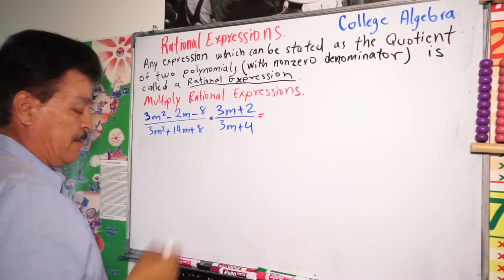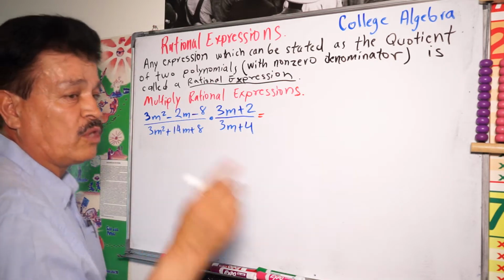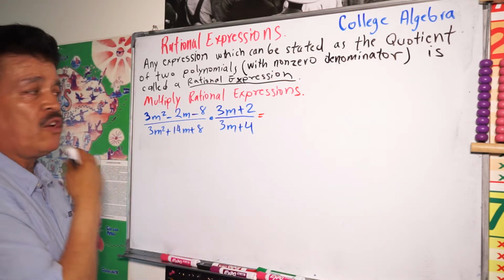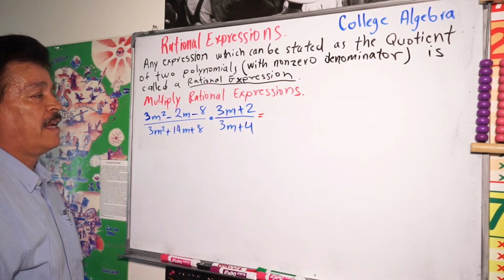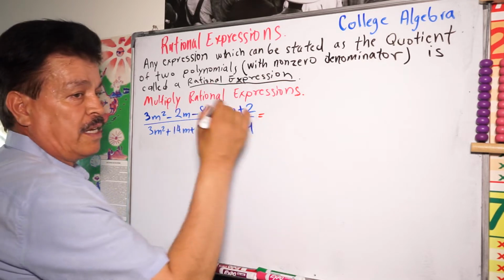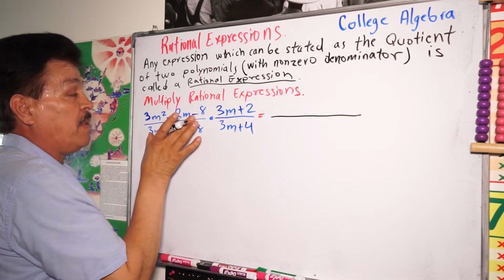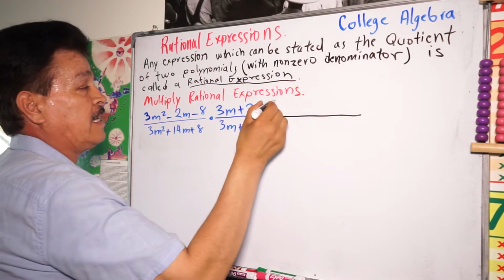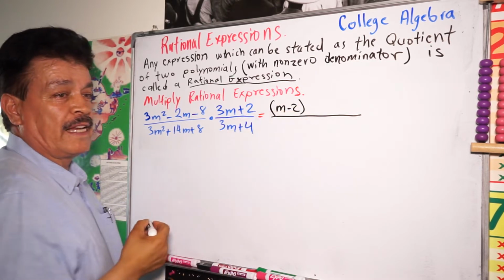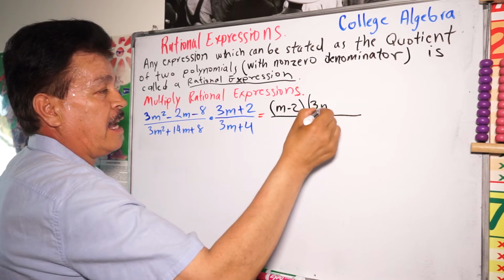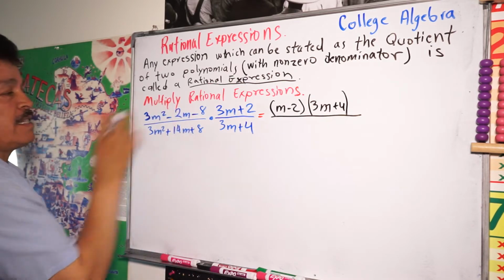Okay, first step is we have to multiply rational expressions, numerator by numerator and denominator by denominator. Okay, and then we are going to simplify the expression here. You can write it like this: m minus 2 times 3m plus 4. Okay, it is the same thing.